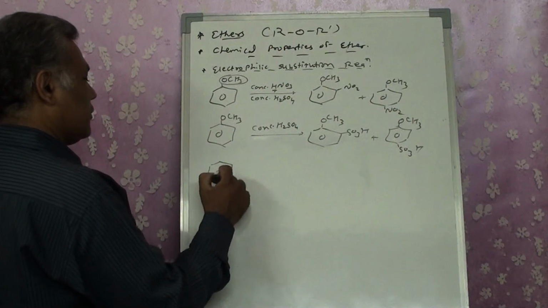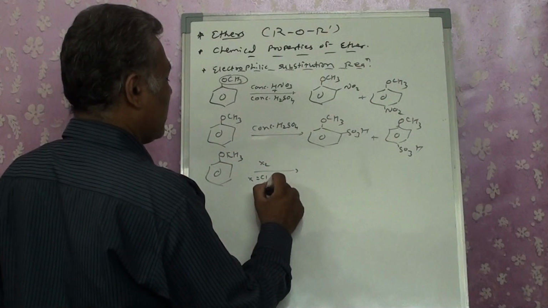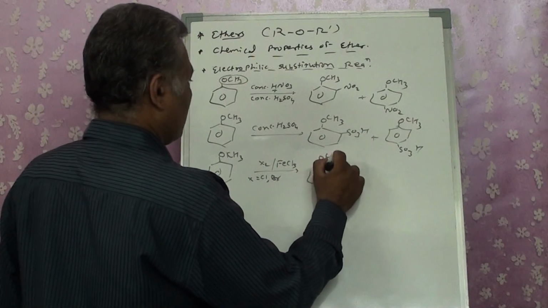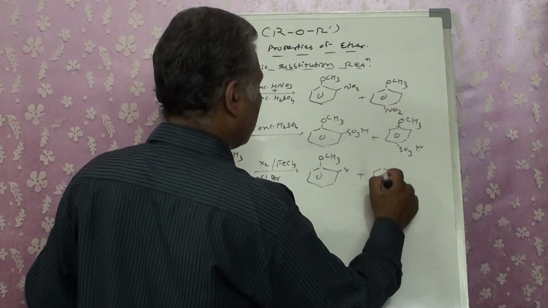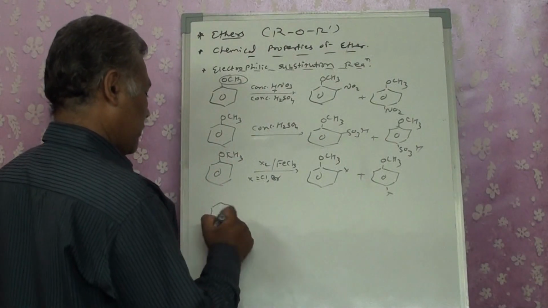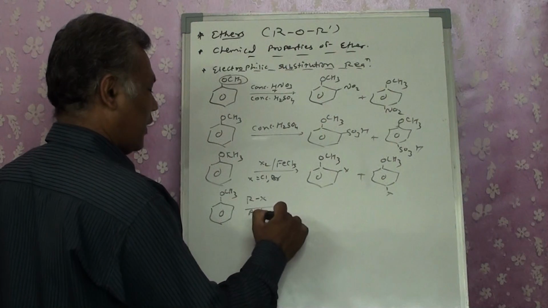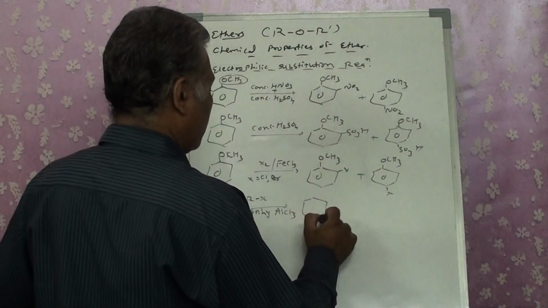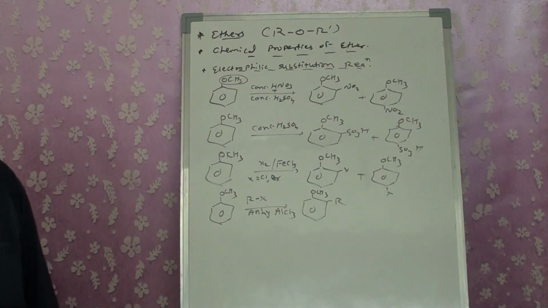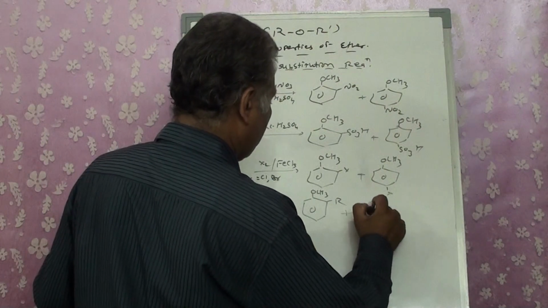For halogenation, X2, where X can be Cl or Br, in presence of FeCl3, we get OCH3 with X on the ortho and para positions. Similarly, for alkylation, RX in presence of anhydrous AlCl3, we get OCH3 with the alkyl group R on the ortho position, plus on the para position.